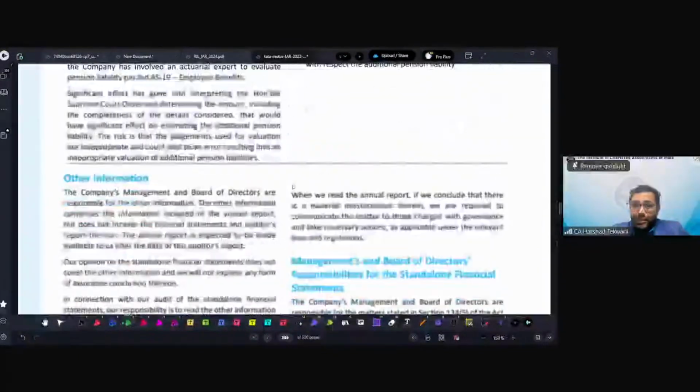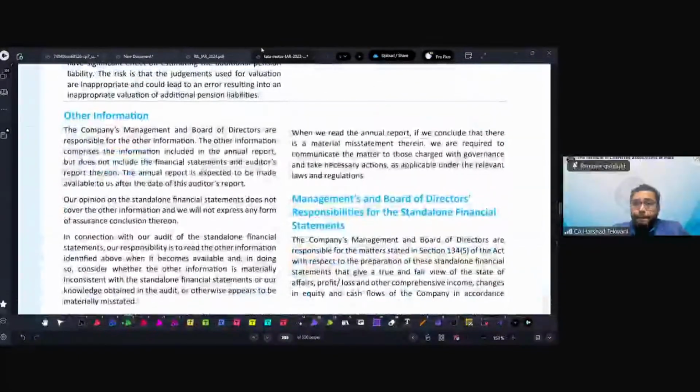Now, once the key audit matters paragraph is there, after that you are required to provide the other information paragraph.